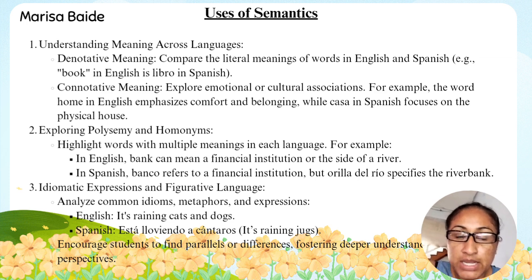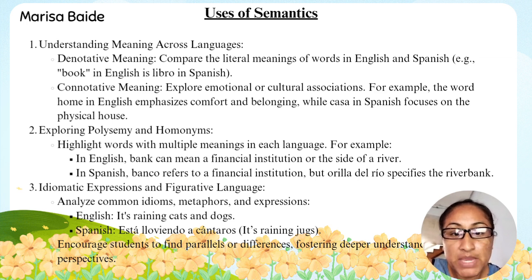One, understanding meaning across languages. When we look at the denotative meaning, we compare the literal meanings of words in English and Spanish. For example, the English word book is libro in Spanish. But connotative meanings explore emotional or cultural associations.